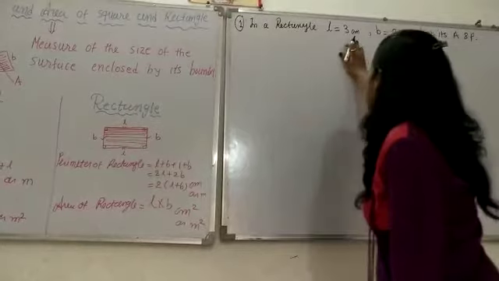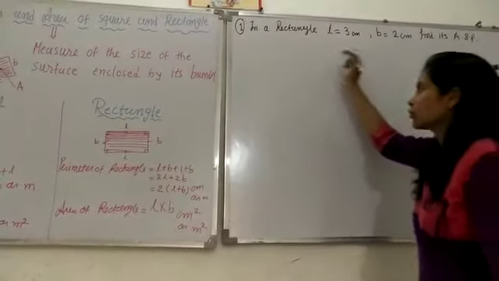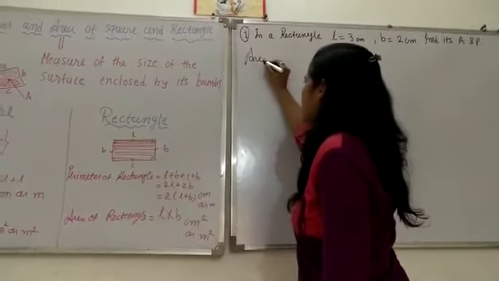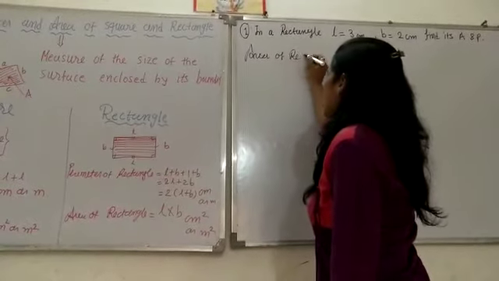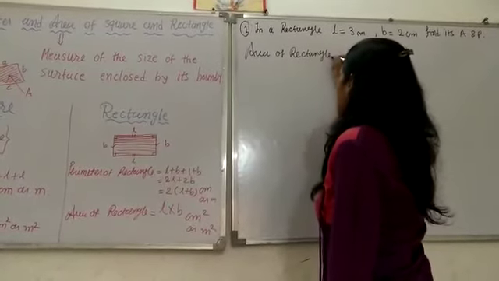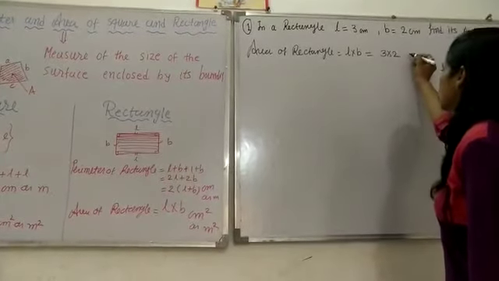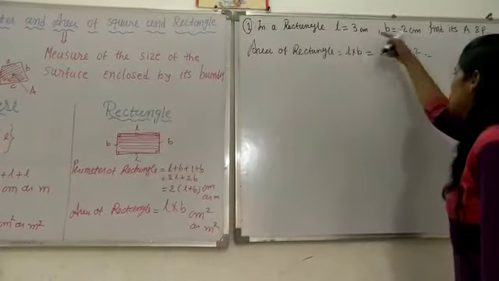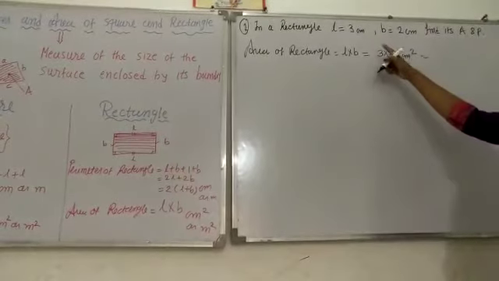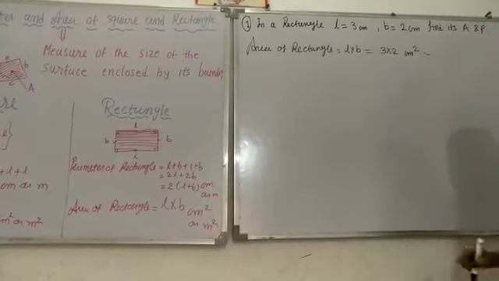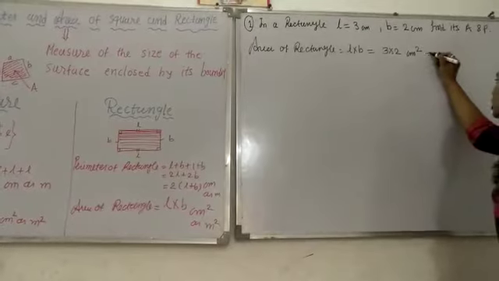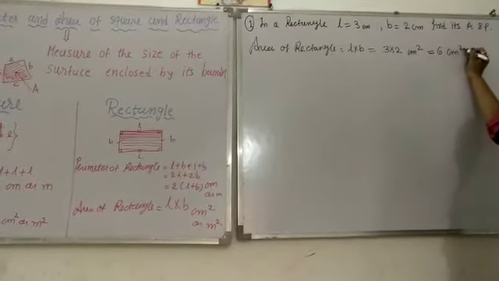So here L is 3 and breadth is 2. First of all you have to write its area formula. Area of rectangle is equal to length into breadth. So this is 3 into 2 centimeter square, because centimeter into centimeter. These two must be in the same unit. So your answer is 6 centimeter square.